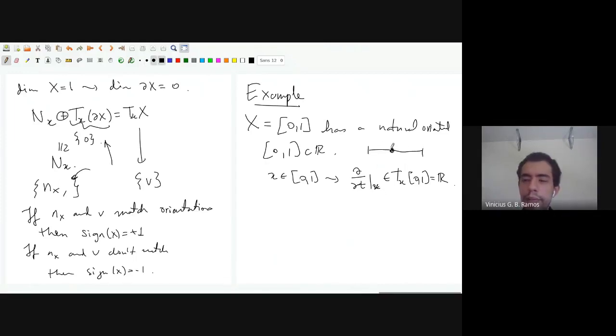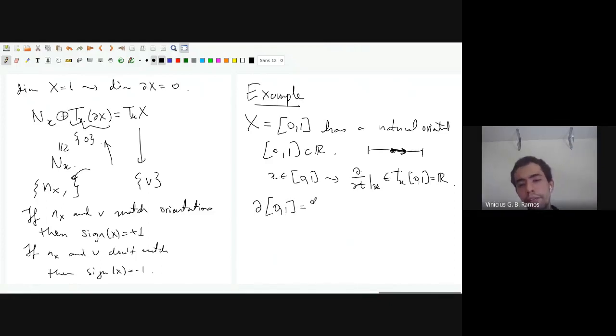This is my interval, and I have a point that I always take the orientation pointing, I take this orientation given by R. Okay, so this is the basis that is positive, and then if I take the other direction, it's negative.